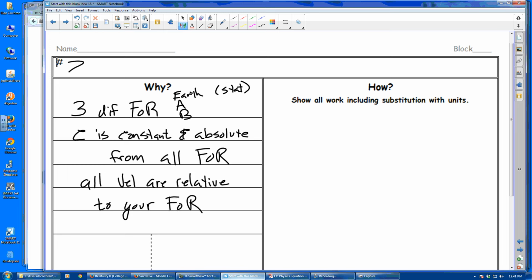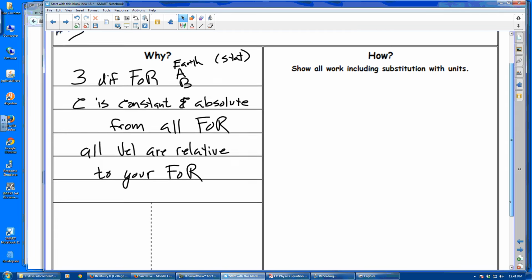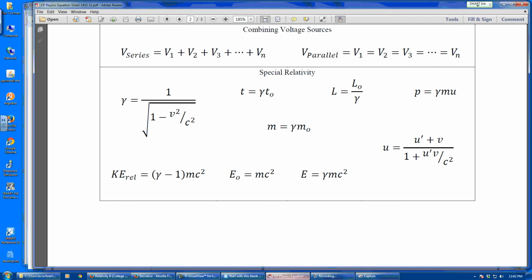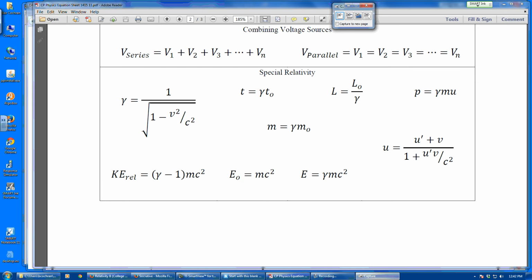All right, so they're all relative to your frame of reference. Good. Any questions on the Y? No? All right, so the equation that I need is our relative velocity equation. There we go. Which is this one right here.